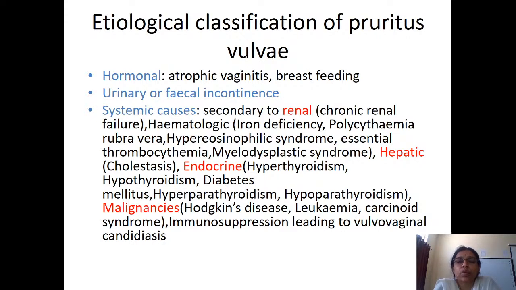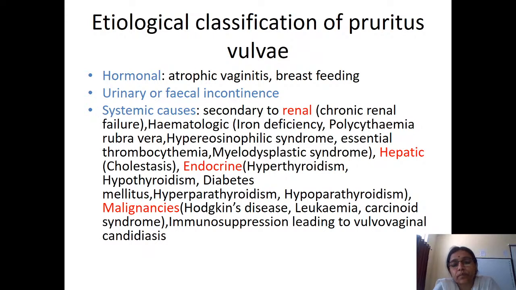And a few of the causes could be secondary to liver conditions. Most often, obstetric cholestasis is seen in pregnancy, from late second trimester to third trimester. In pregnancy, these women usually come to us with intense itching, but we don't find any rash. So hepatic causes could be the cause of pruritus vulvae.